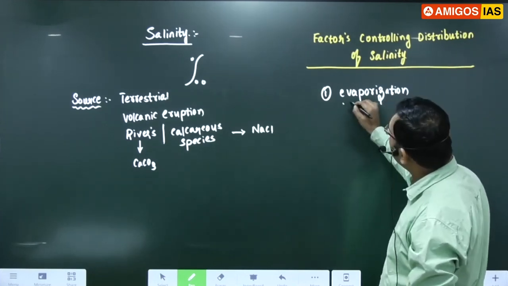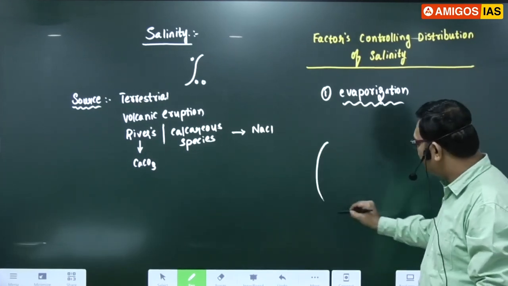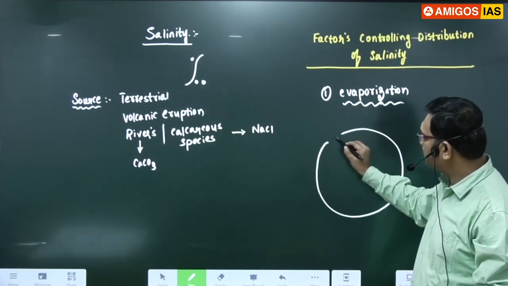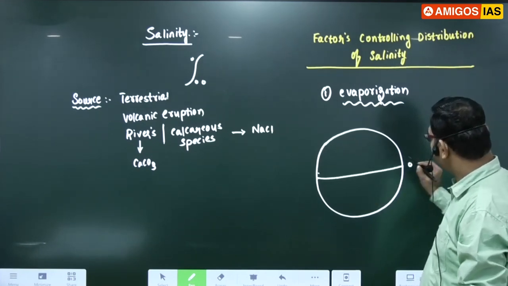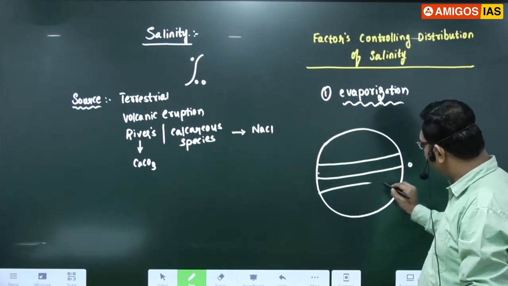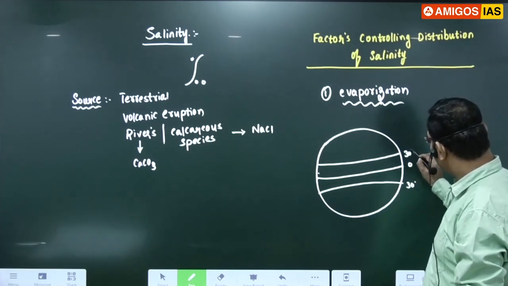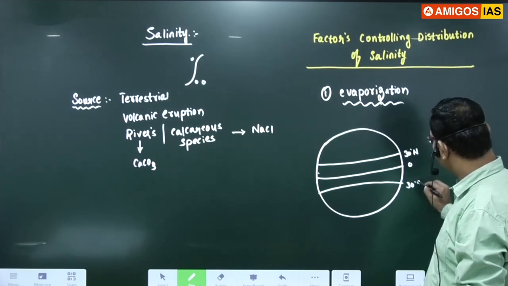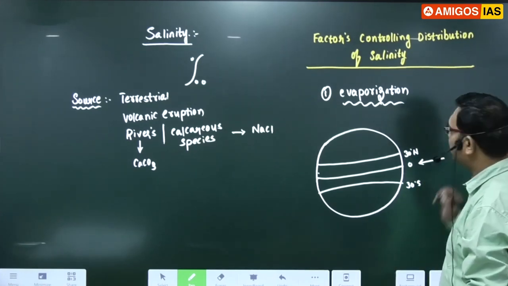What is this evaporation? See, at the equator, if you take the earth's surface, this is 0, this is your 30 degree north, 30 degree south. So can I say that at the equator insolation will be more?